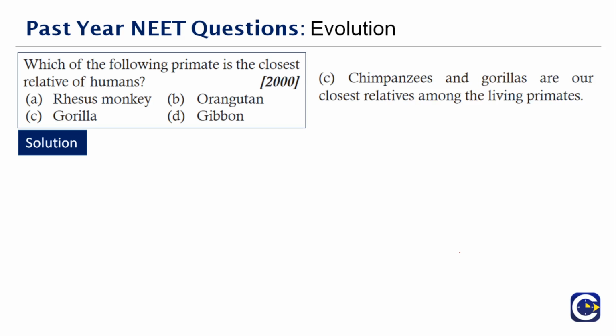But one thing you need to remember here is, when you have a question which talks about the close relative, if you have an option chimpanzee there, go for chimpanzee, because chimpanzee gets the first place while gorilla gets the second place. Both of them are close relatives, but the closest of all is chimpanzee. In this question, you don't have chimpanzee here, so we chose gorilla. Okay, fine.